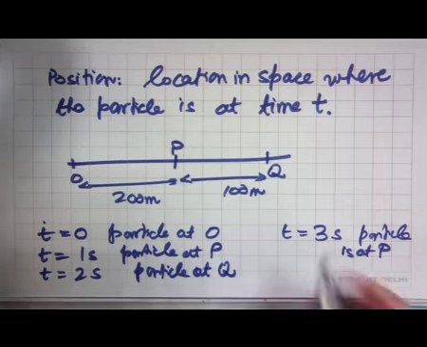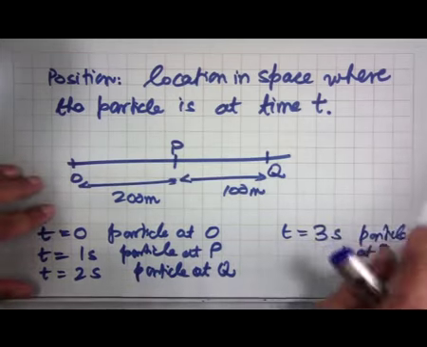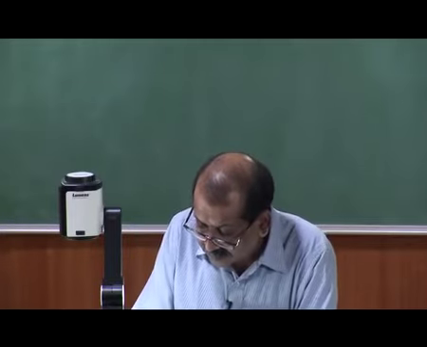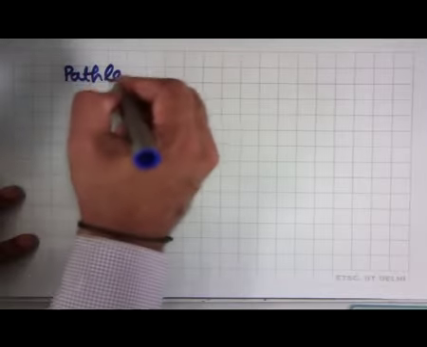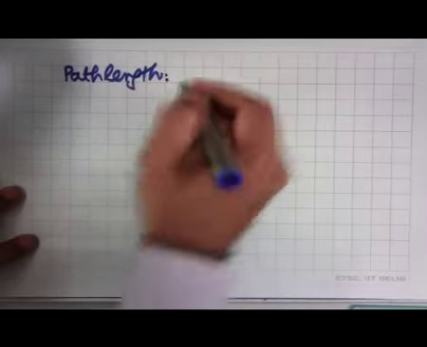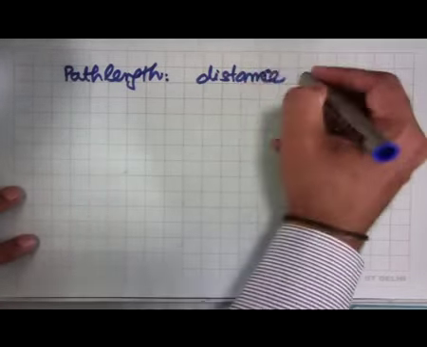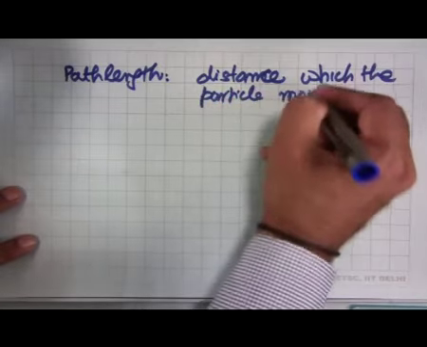So, let us write the path length. Path length is the total distance which the particle moves, or the length of the path.